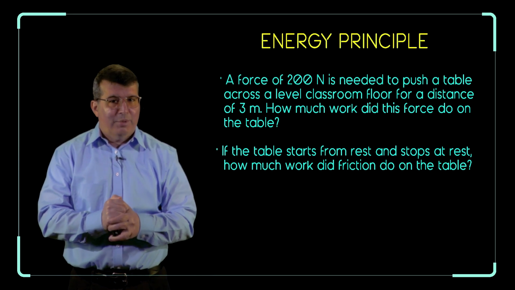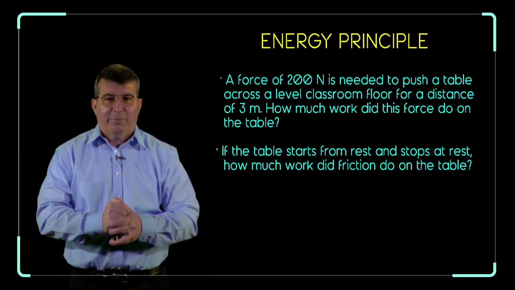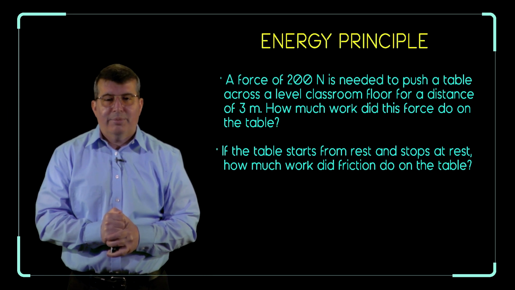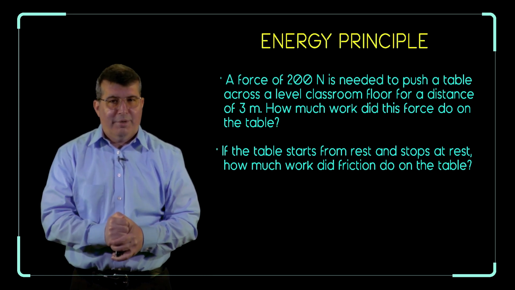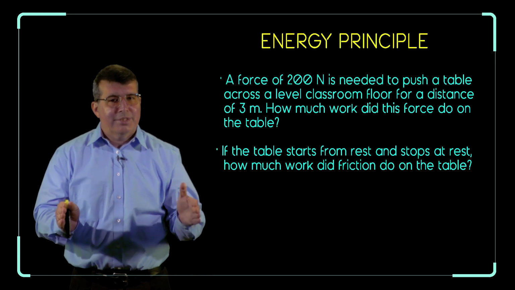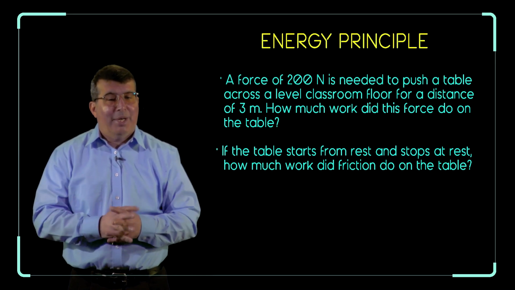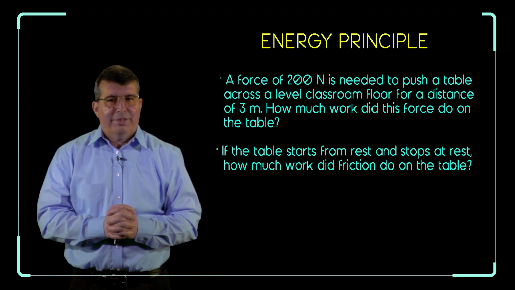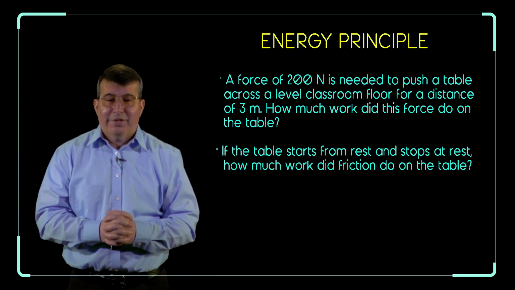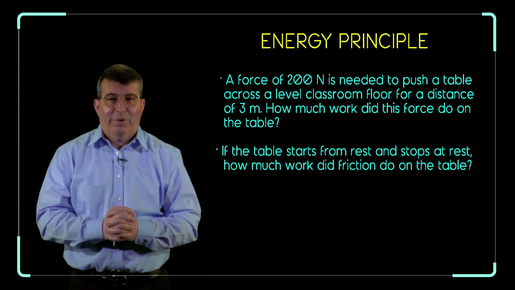So first off, how much work did the applied force do to the table? And the second question, how much work did friction do on the table? Remember, the table starts from rest, stops from rest at the same height. So try that, work with that, see what you can do, pause, and then come back when you're ready to see me work through this.